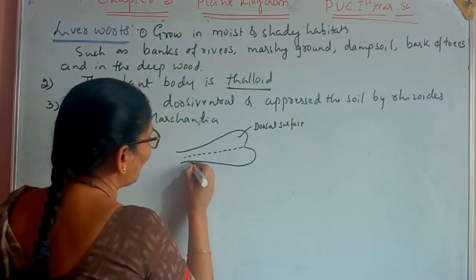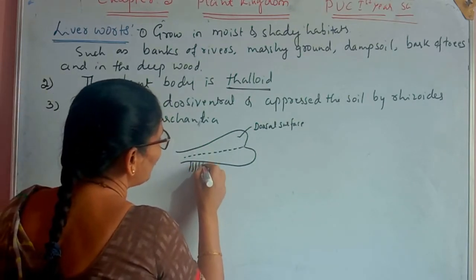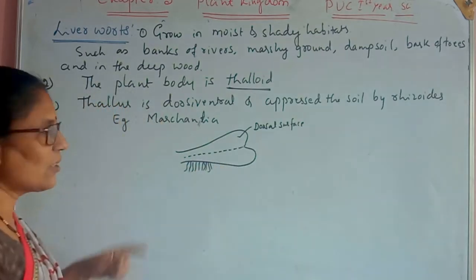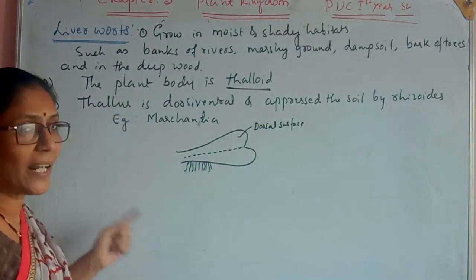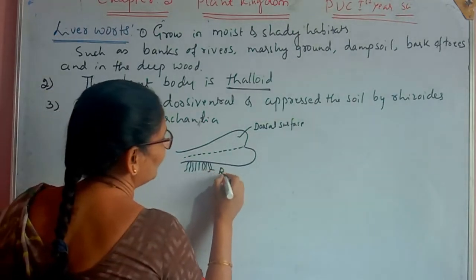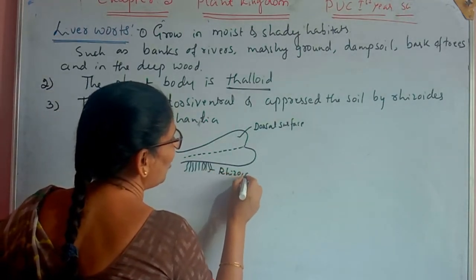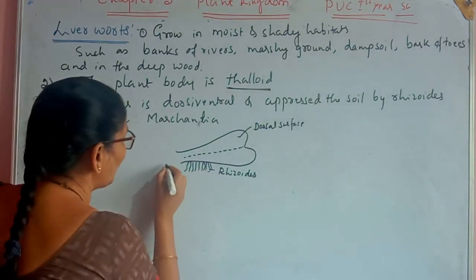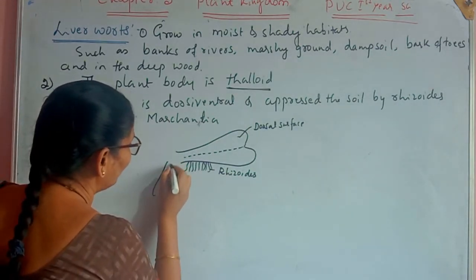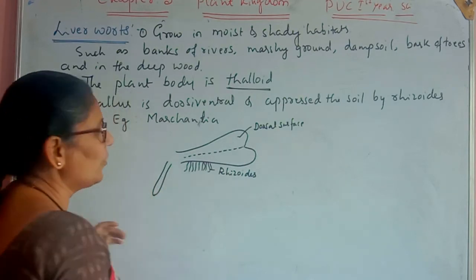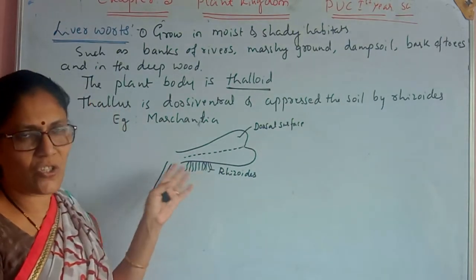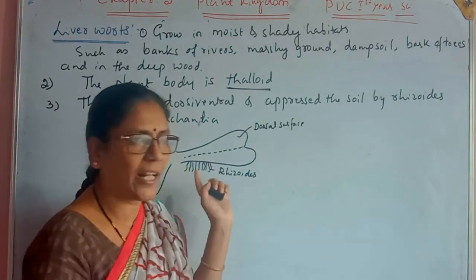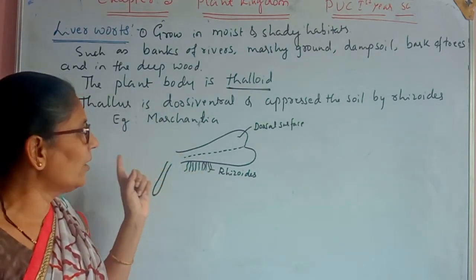On the lower surface we see tiny root-like structures. These are the rhizoids, because they are not true roots. If you observe the structure in detail, these are unicellular, unbranched structures. So we see unicellular, unbranched rhizoids in the liverworts.